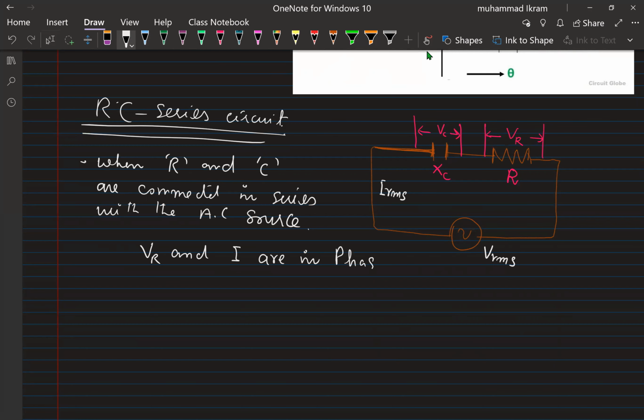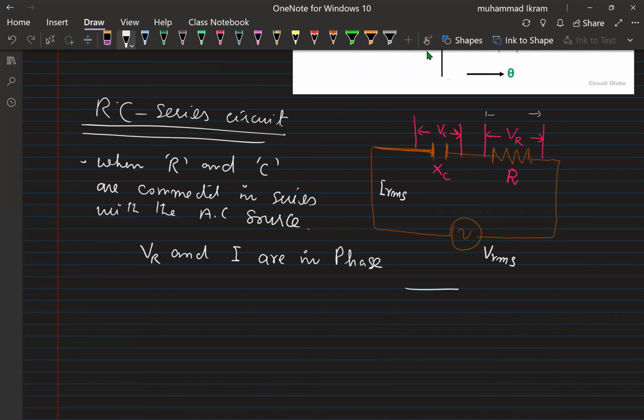That means if the current is zero, then the potential difference is zero. If the current is maximum, then the IR drop across the resistor is maximum. So they are in phase.